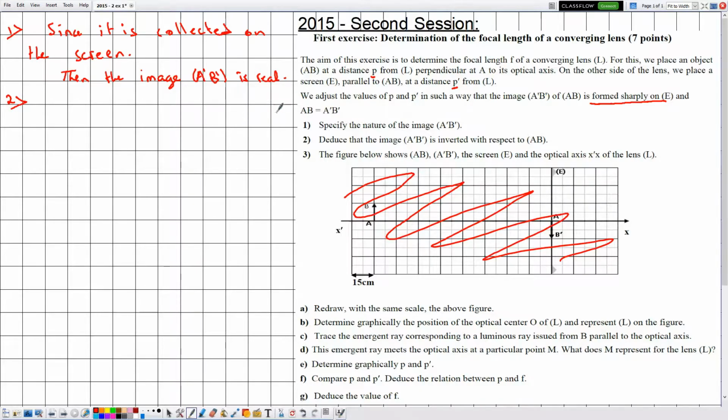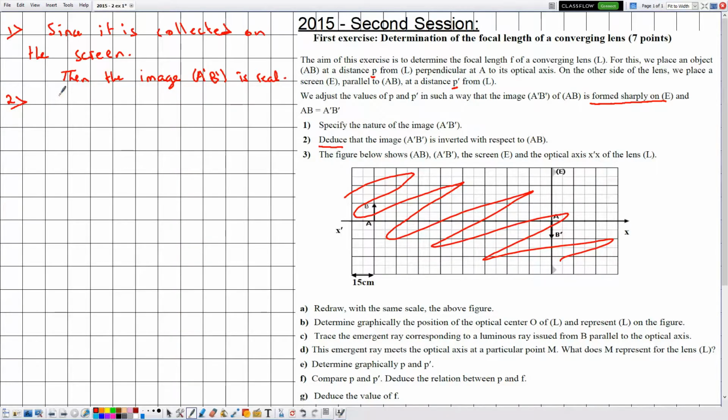And now in number 2 they are telling me deduce that the image A'B' is inverted with respect to AB. Deduce means that I need to use the part just previously before, and in part 1 we have proved that the image A'B' is real, and we know that whenever the image is real it is inverted with respect to the object AB.